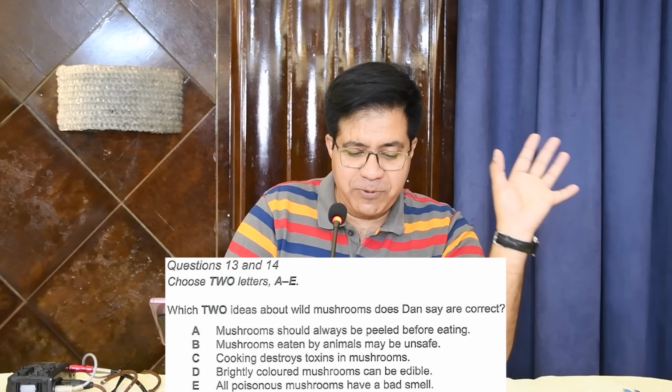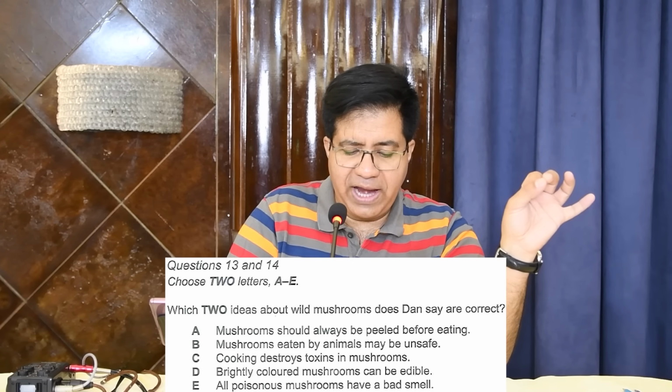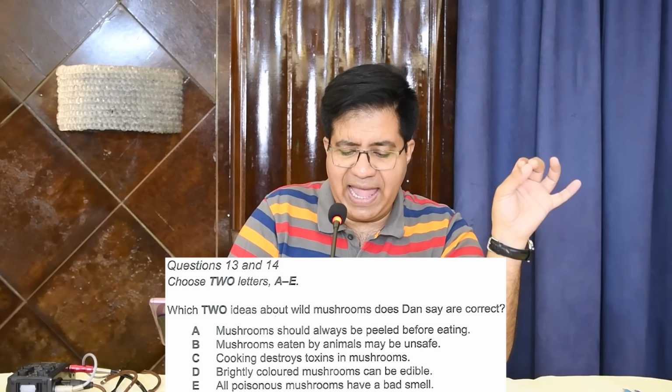Anything like that. Next, option C, cooking destroys toxins in mushrooms. Like some of the mushrooms, they have toxins. In the cooking process, cooking destroys toxins. Option D, brightly colored mushrooms can be edible. Underline brightly colored, edible.